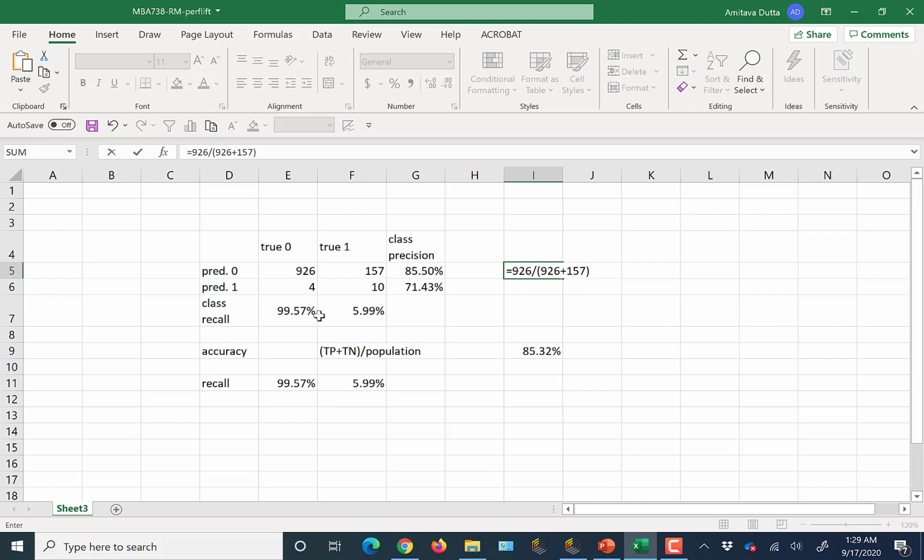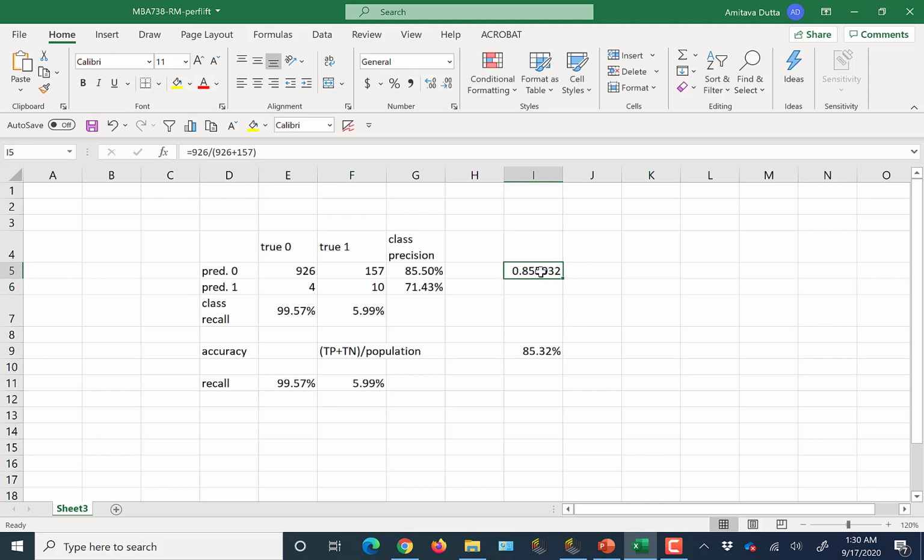So before I hit enter, look at the numerator and denominator. What proportion of what I predicted was junk, or rather was good? The denominator is 926 plus 157 and the numerator is 926.